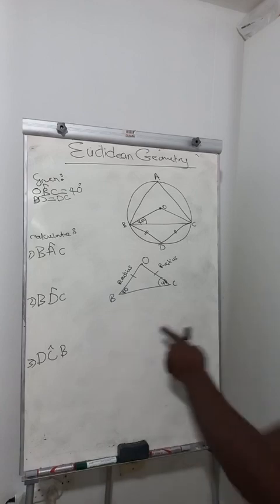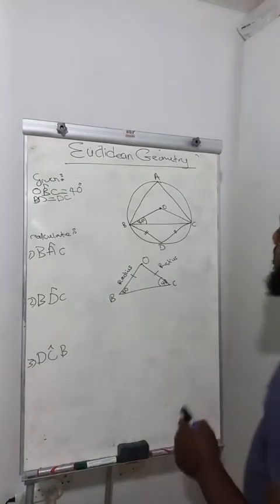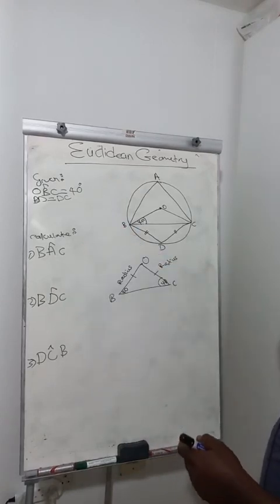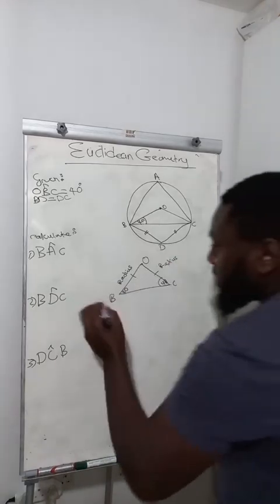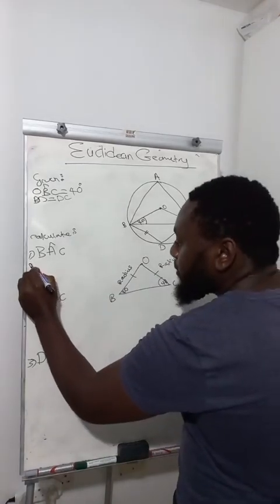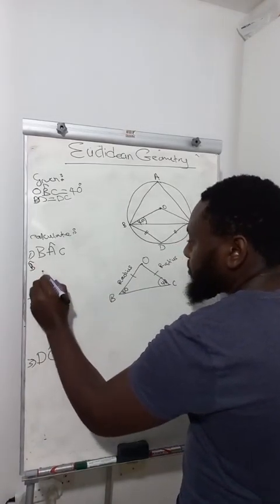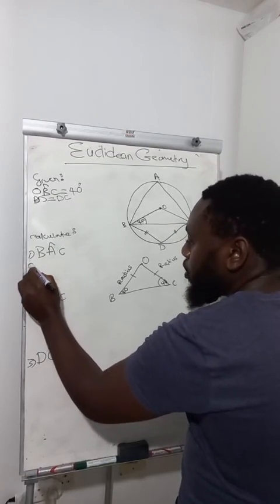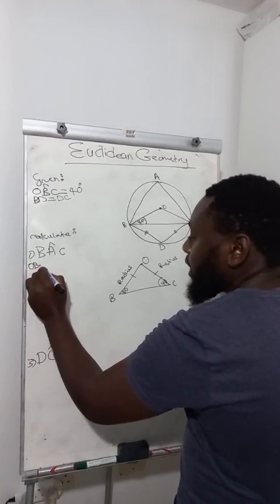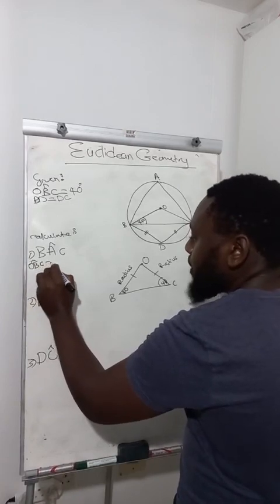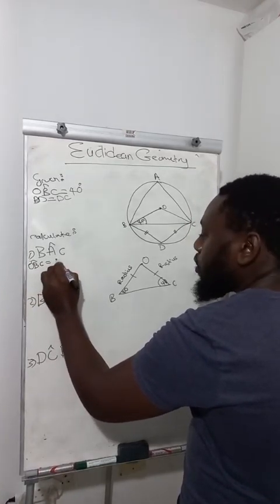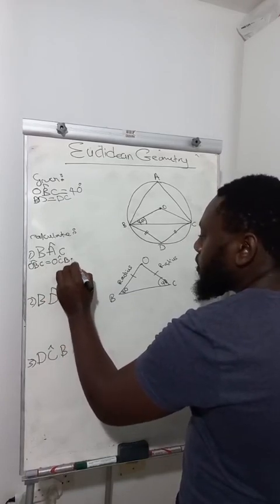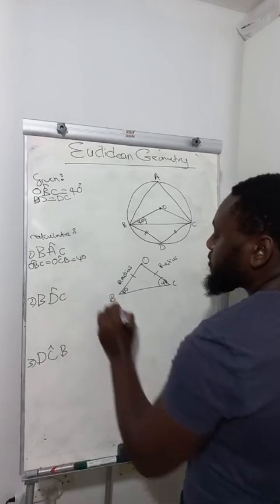The first thing you will write here, because the marks also determine the number of steps, is angle OBC equals angle OCB equals 40 degrees.